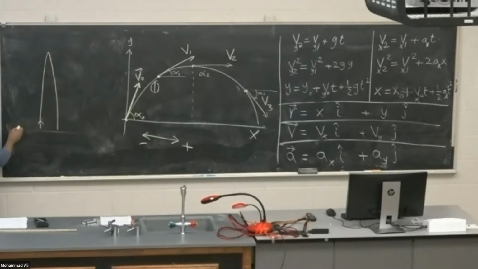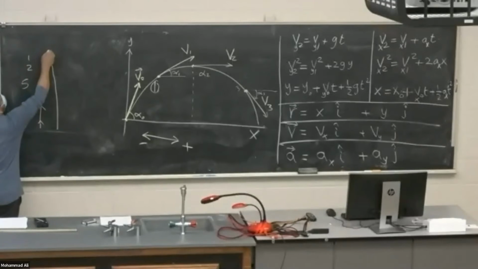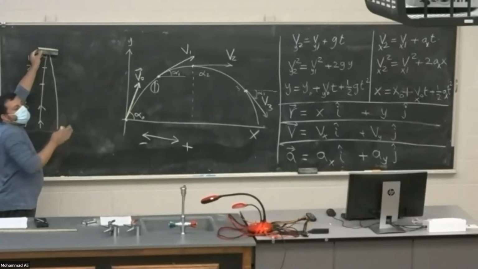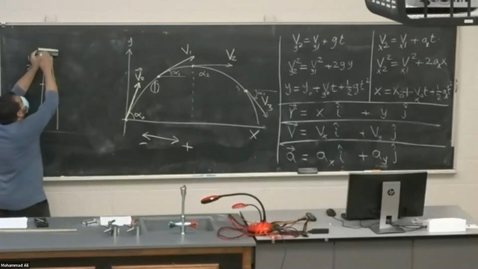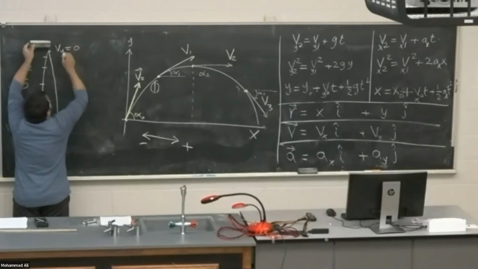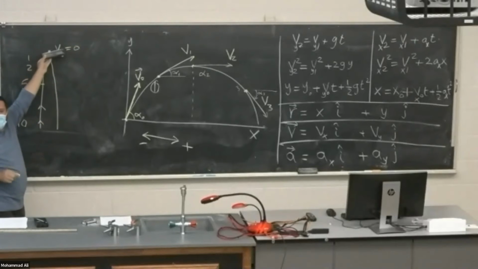If I start, for example, by 10 upward, here it will be 8, then, for example, 5, 2, 1. At this point, the object cannot go upward. So its velocity here is equal to 0 at this point, at the highest point.